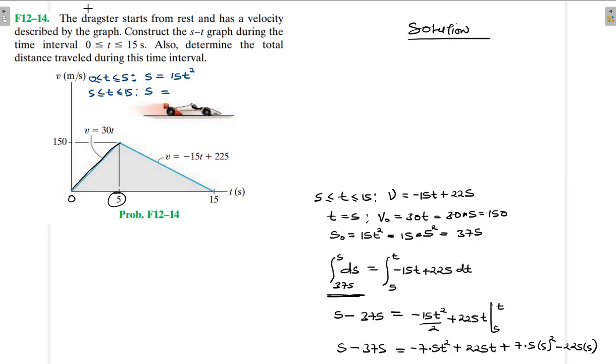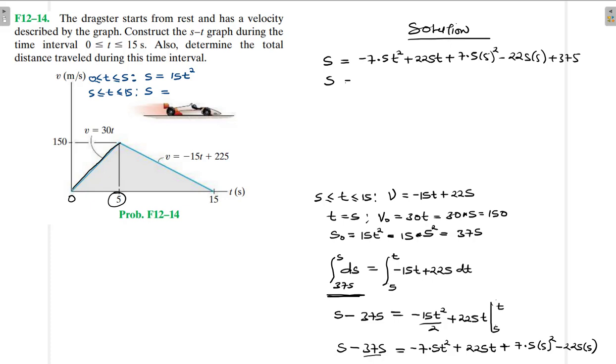So therefore our s is going to be equal to negative 7.5t squared plus 225t plus 7.5 by 5 squared minus 225 by 5, and then I took this value to the other side, it becomes a plus 375, right?